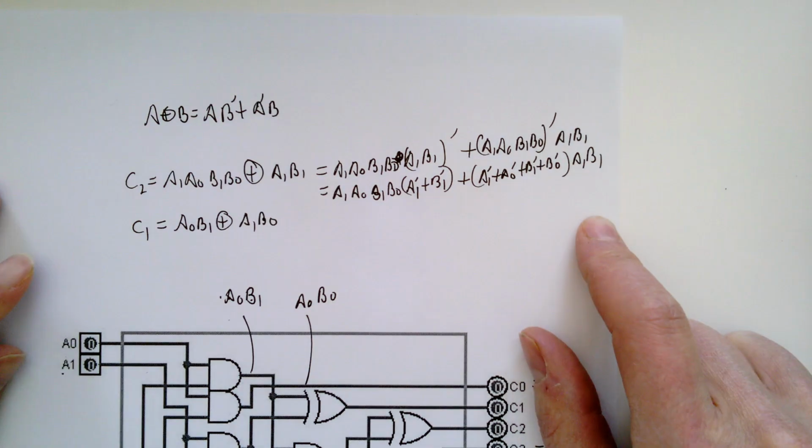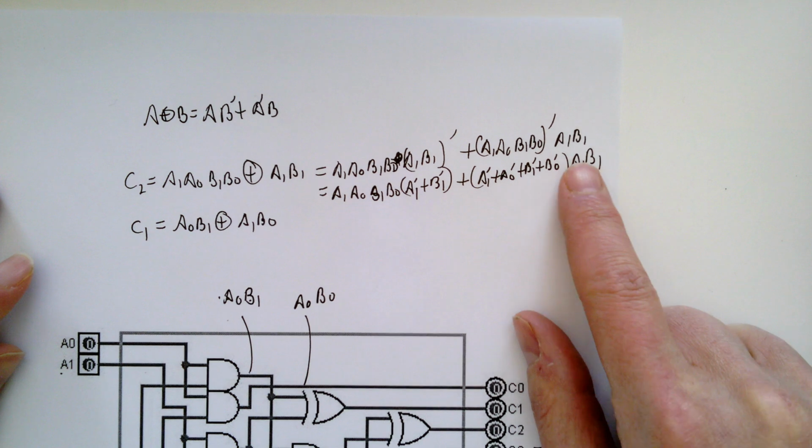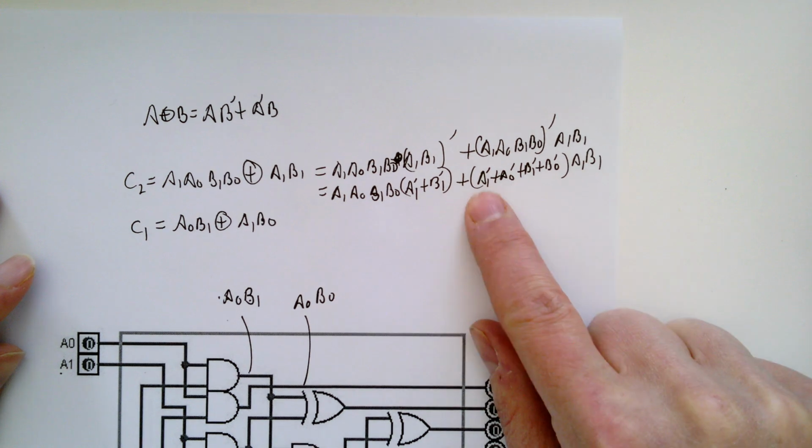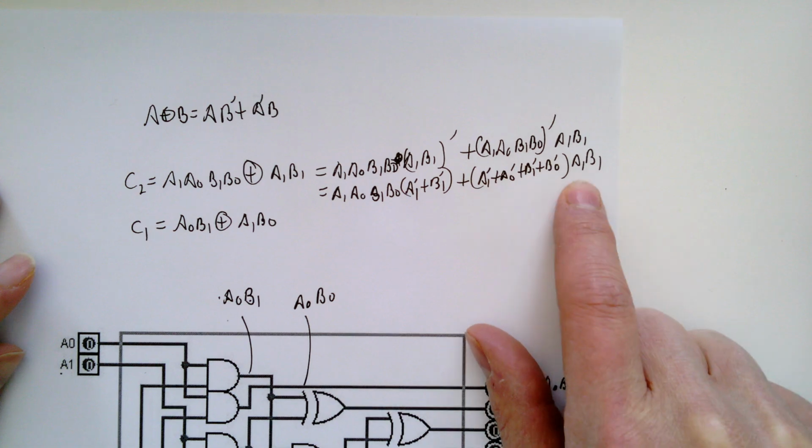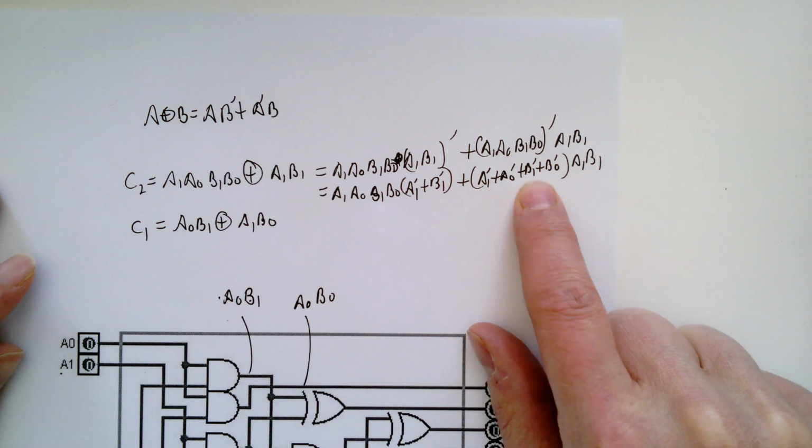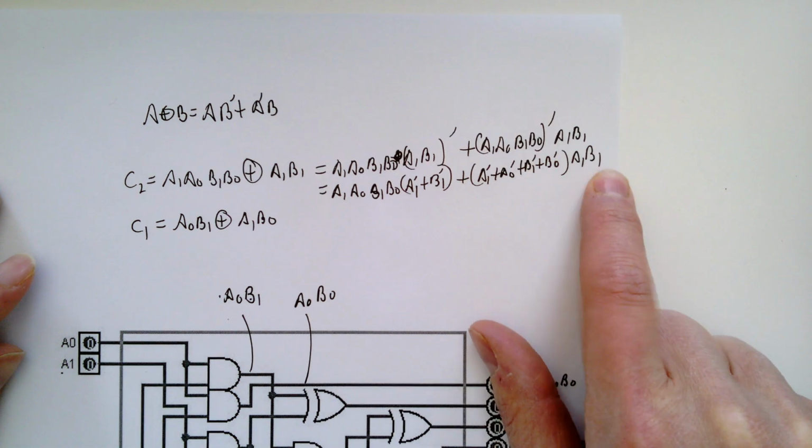And then we have to use the distribution theorem. A1 times A1 prime is 0, but the other terms are going to be non-zero, except for B1 prime times B1.